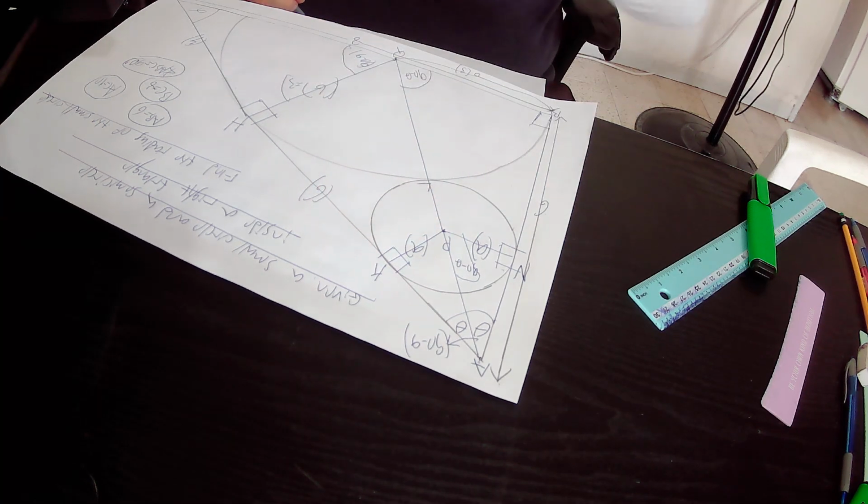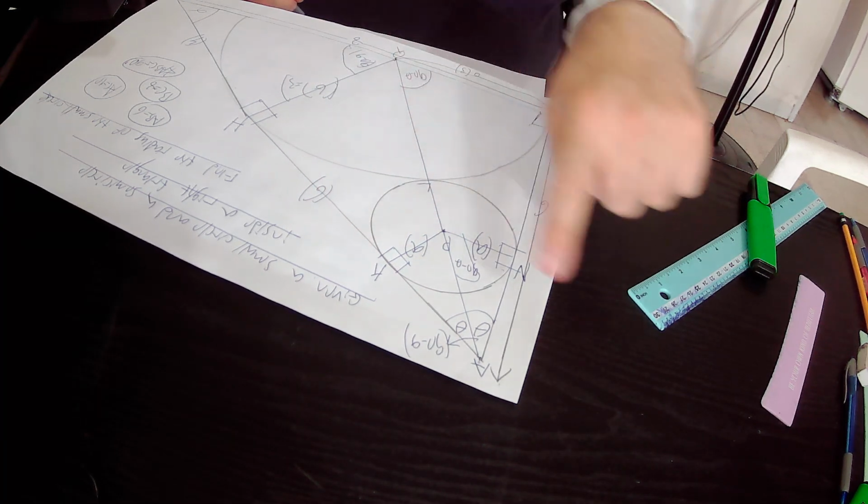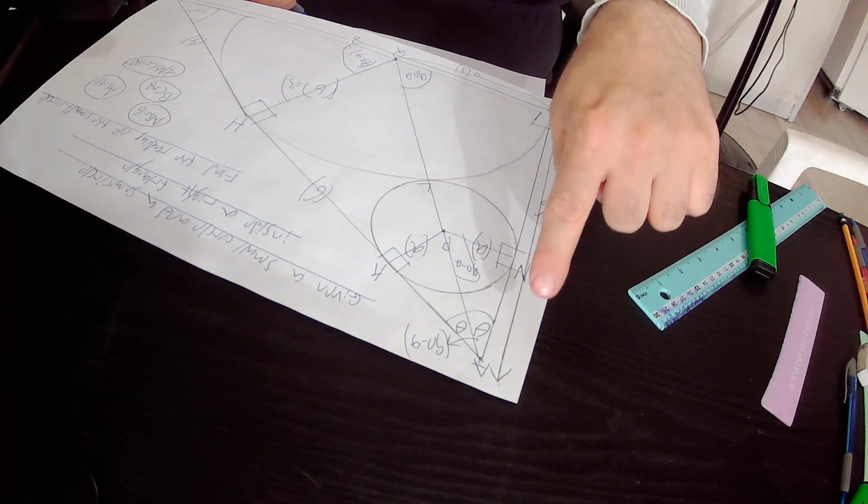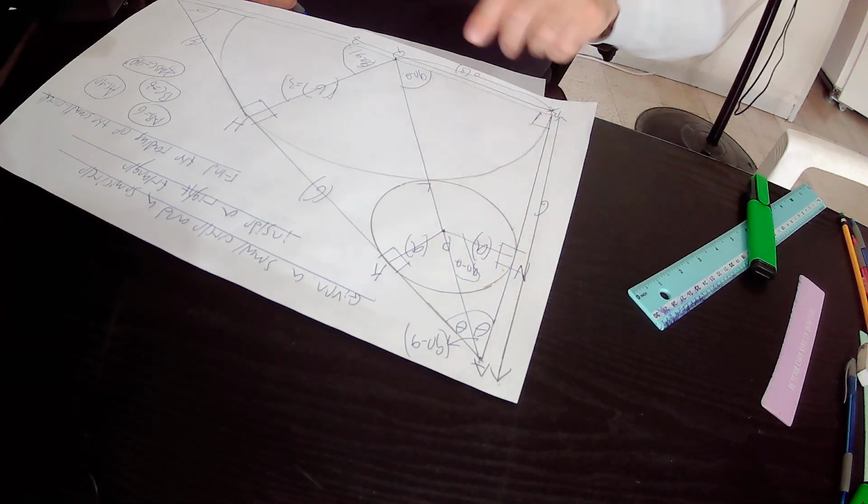In the next step, we will prove that the right big triangle ABQ is similar to this right small triangle ANP. So write it down.